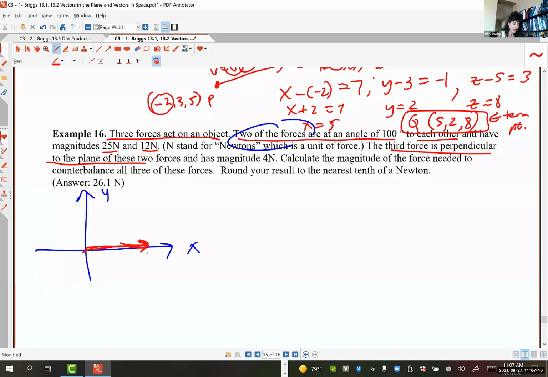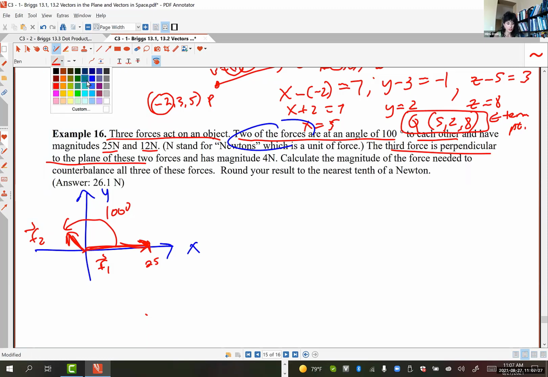They said he's 25 newtons, so the 25 mark. We'll call this F1. 100 degrees to that is the other guy who's not as long because he's only 12 newtons. So there's F2. Now the third guy is perpendicular to this plane.